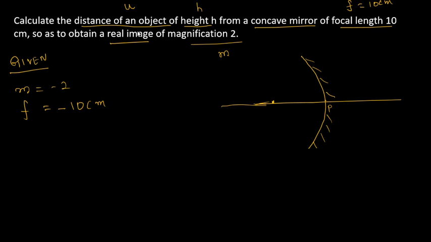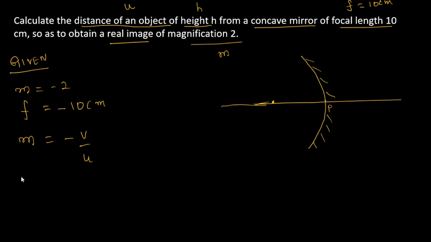That is, calculate the distance of an object. So if magnification is 2, what is the formula of magnification? That is, magnification is equal to minus v by u.